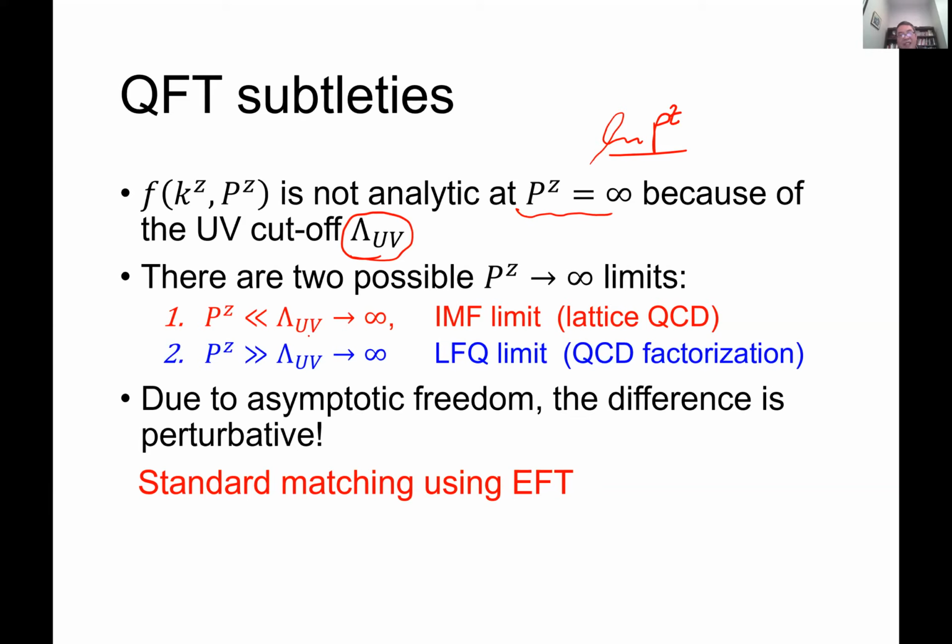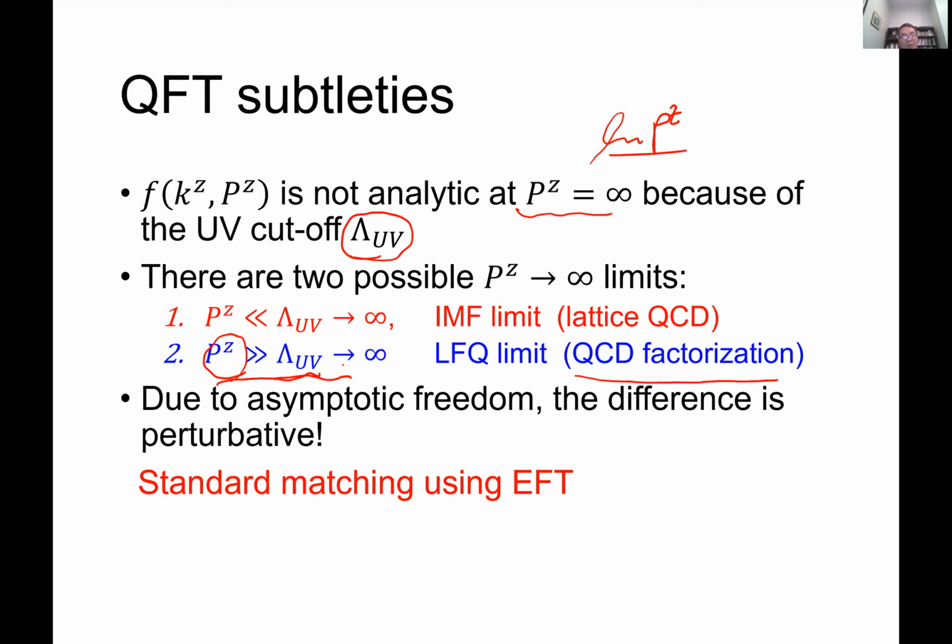However, the other limit is that you disregard the UV scale and always take the momentum to infinity limit. That is the practice when you use QCD factorization. That's how Parton distributions are defined.